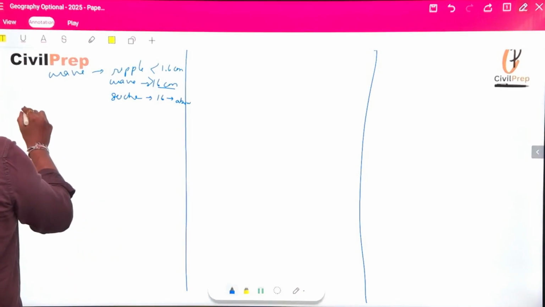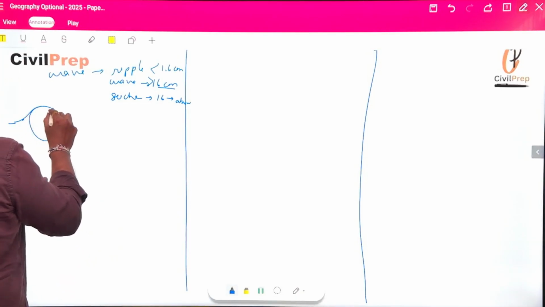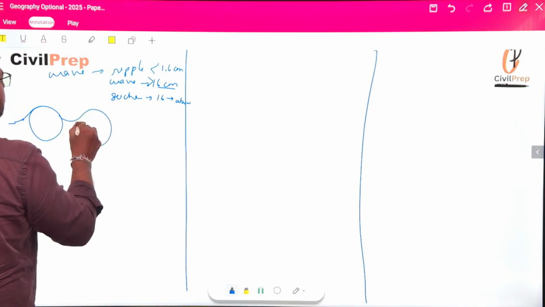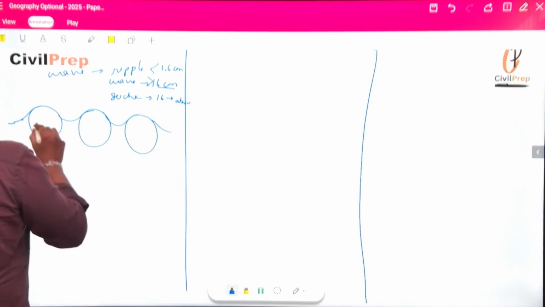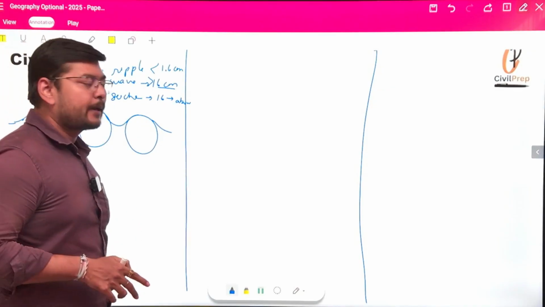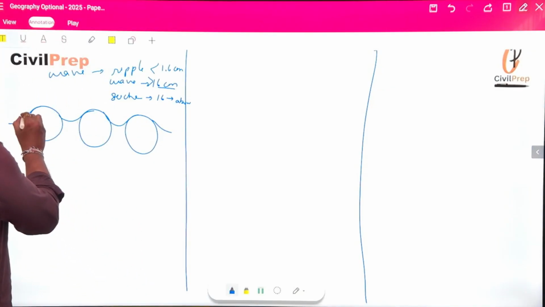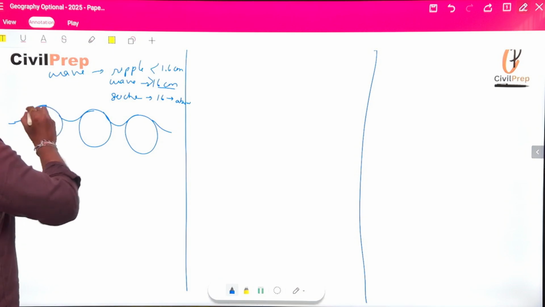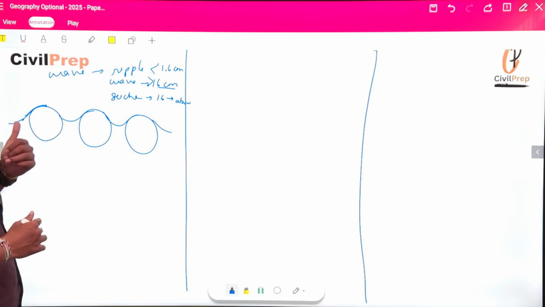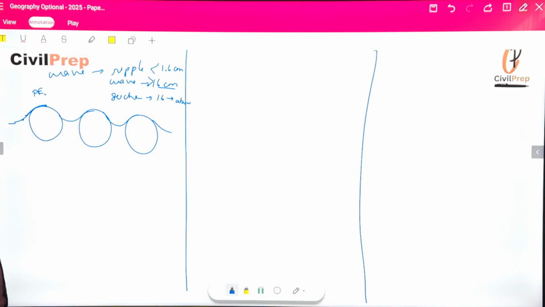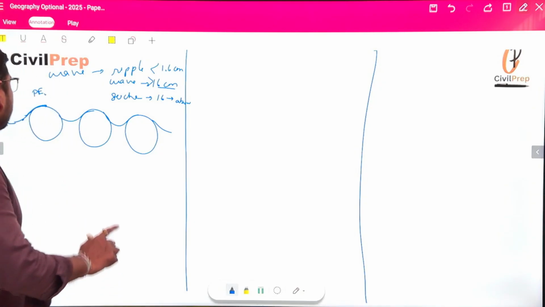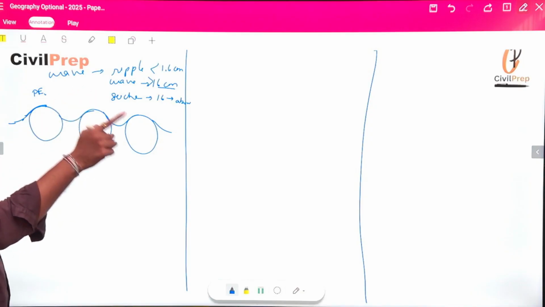Okay, so here we'll be seeing that there is an oscillatory motion. Under the oscillatory motion, two things are happening here. First is the energy which is being given by the previous wave to this wave. Under this condition, there is development of potential energy, under the influence of gravity.